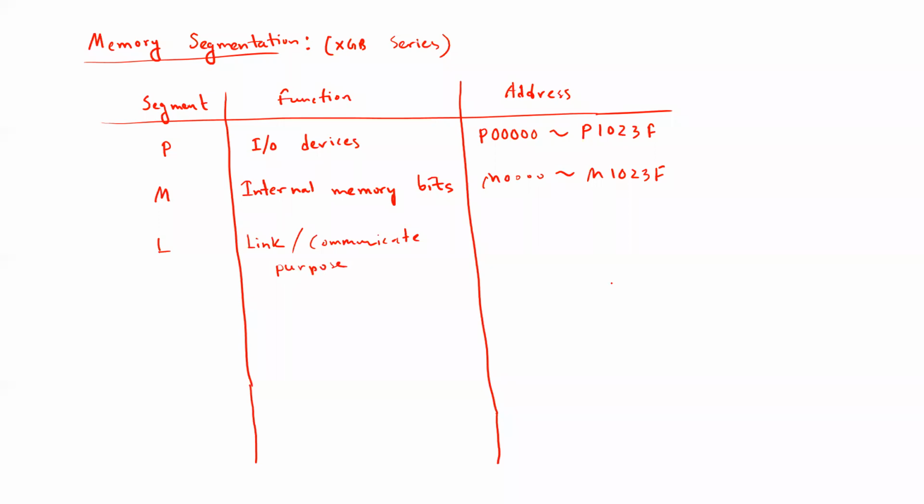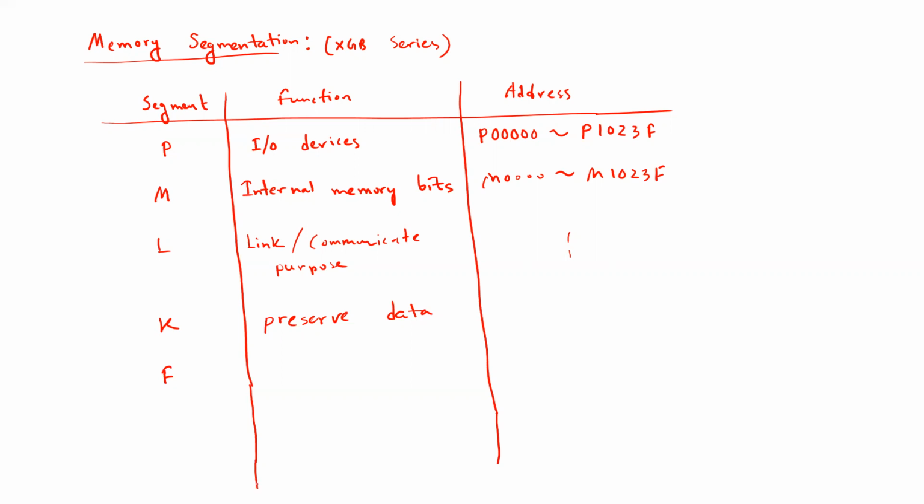Similar addressing is done for this portion of the memory as well. Then K, this area of the memory is used to preserve data in case of any power shutdown. So in order to account for power shutdown, the CPU can store some data into this segment of the memory.